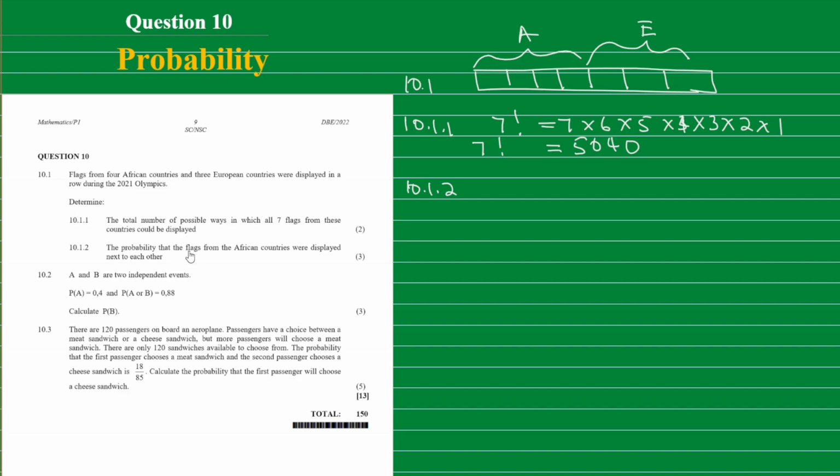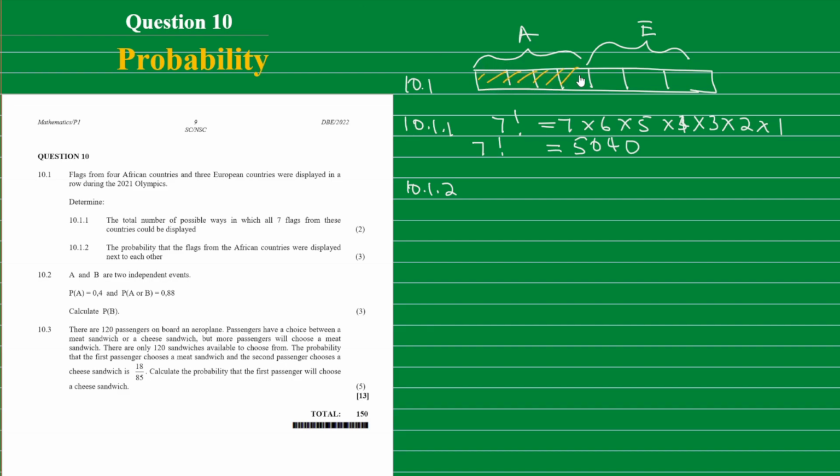And then 10.1.2, determine the probability that the flags from the African countries were displayed next to each other. So we know that for probability, we have to find how many different ways we can rearrange these flags so that the African countries are together. When the African countries are together, we would rather group them as one.